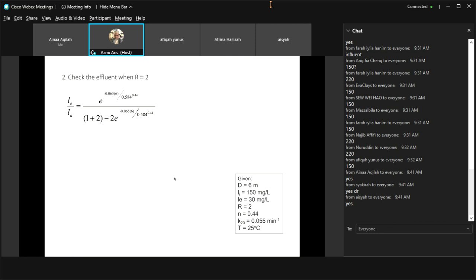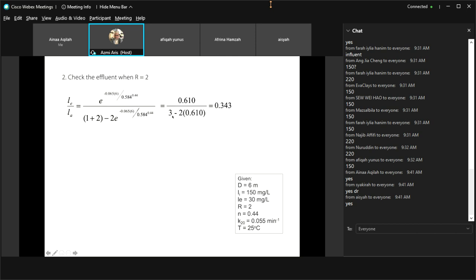Okay, R equal to 2, but we do not have LE. We want to find LE now. The rest are already filled up with numbers. So for this, LE over LA is equal to 0.343.